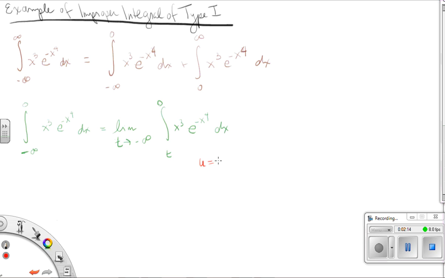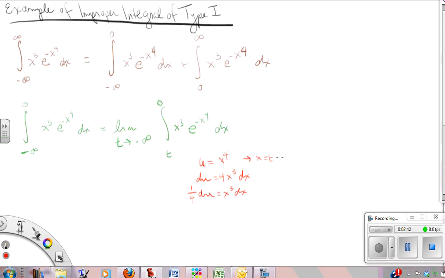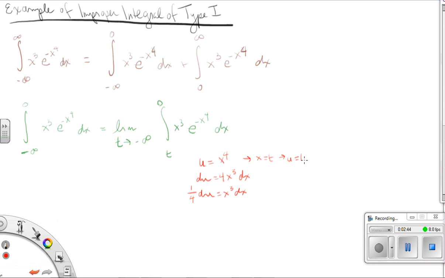Spoiler alert, we're going to let u equal x to the fourth, and then du is going to equal 4x cubed dx. And we have an x cubed here, so that makes it a reasonable substitution. 1/4 du is equal to x cubed dx. And if x equals t, that tells me u is equal to t to the fourth, and if x equals 0, u is equal to 0.